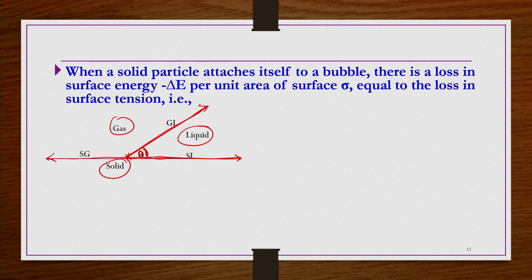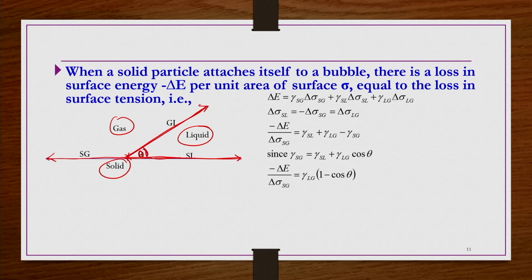So, when this solid particle attaches itself to a bubble, there is a loss in surface energy. Whatever that loss in surface energy is, it should be balanced by the loss in surface tension. Let us say the loss in surface energy at the contact point is delta E, and that should be balanced by the loss in surface tension. So, the surface tension between the solid and gas phase is gamma Sg multiplied by the unit area of surface, that is, delta sigma Sg, right.